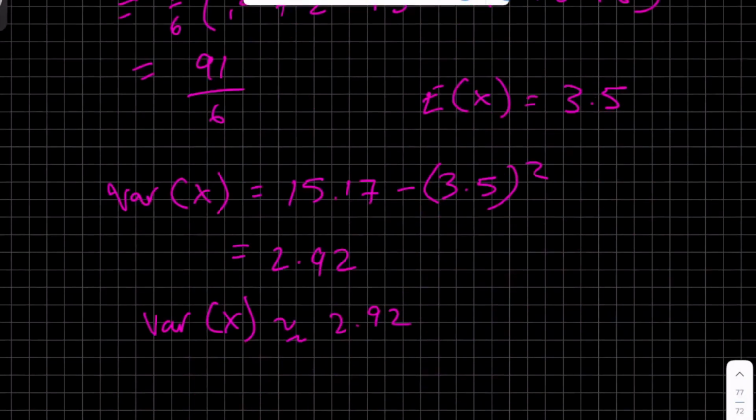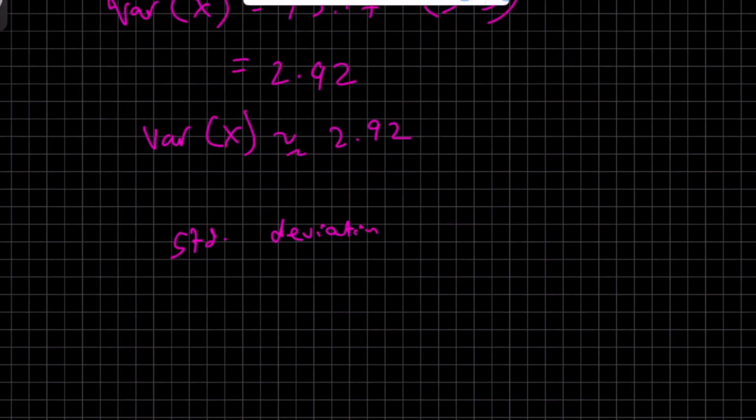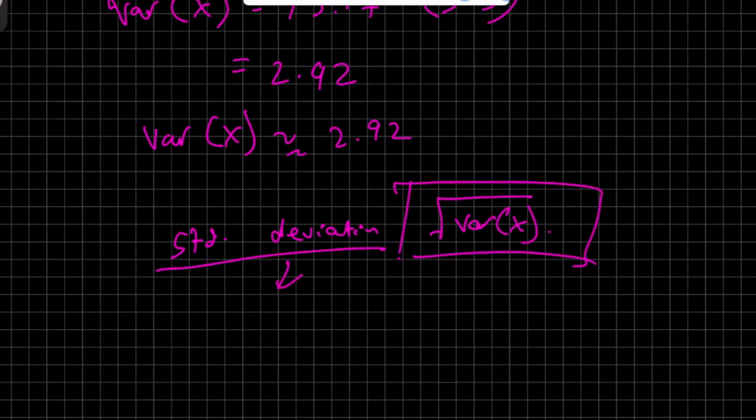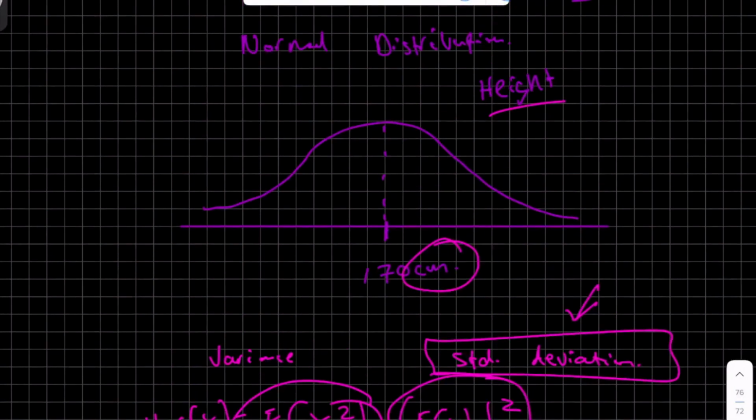And your standard deviation is simply the square root of your variance. So the units of your standard deviation will always be the same as the units that you've got in your distribution. So over here in this example, it would be in centimeters as well. So it provides a better measurement of the spread of this graph.